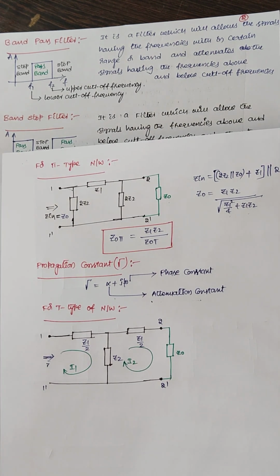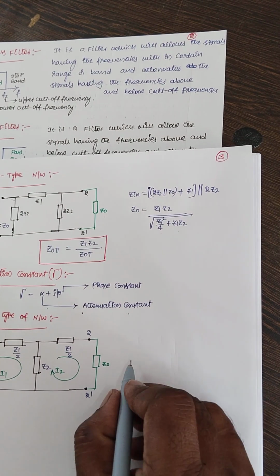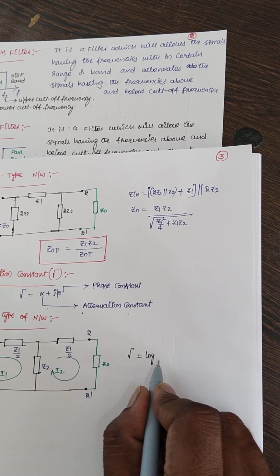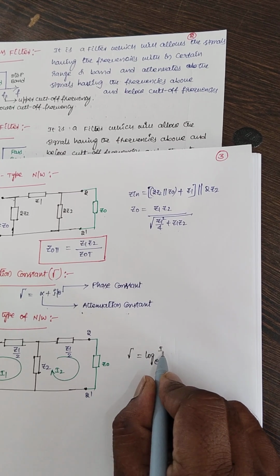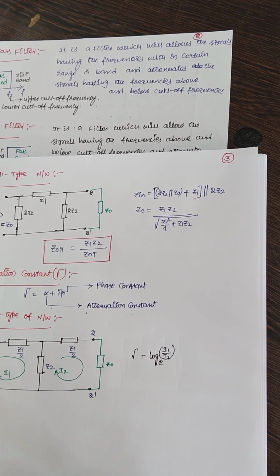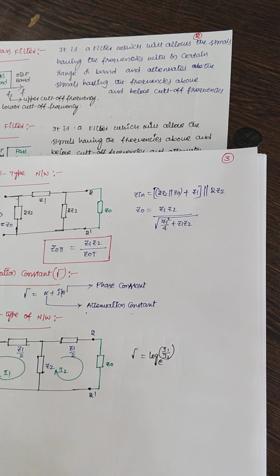The propagation constant is defined mathematically as gamma is equal to log of I1 by I2, base e. So we can represent it like this.